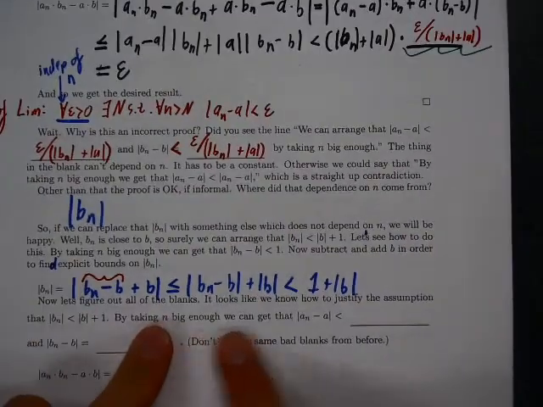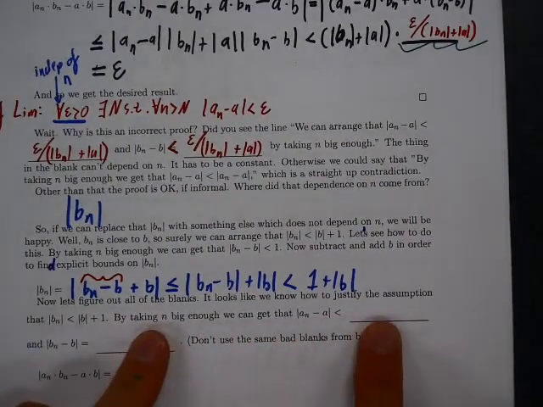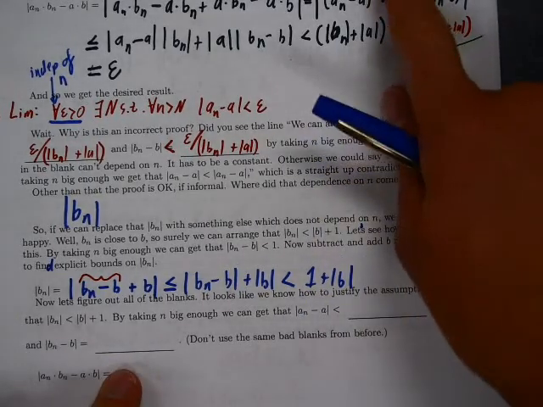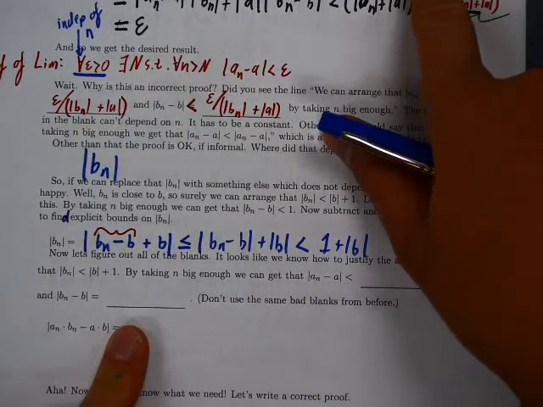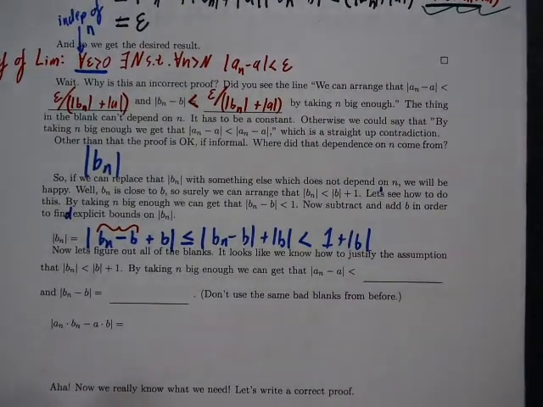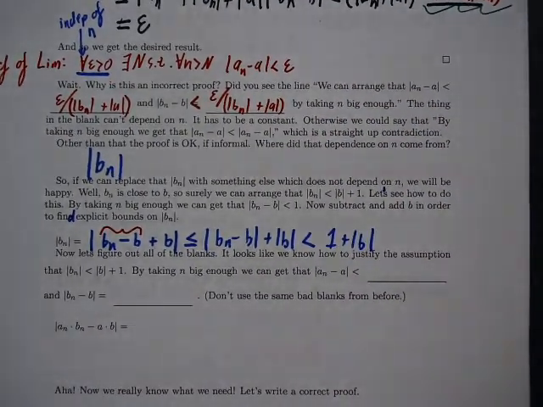By taking little n big enough, we can get that a sub n minus a is less than anything we want, not this, but something else. And the same thing with b sub n minus b. But let's use the same logic.